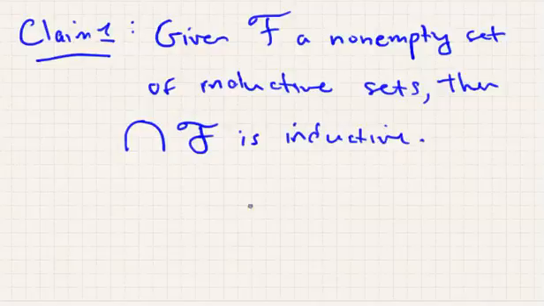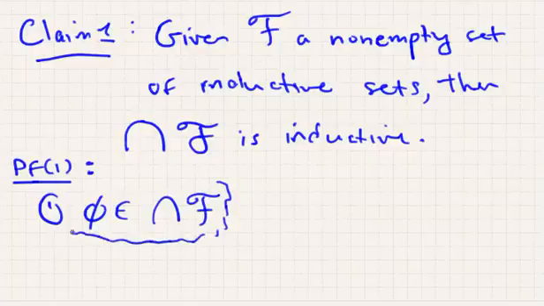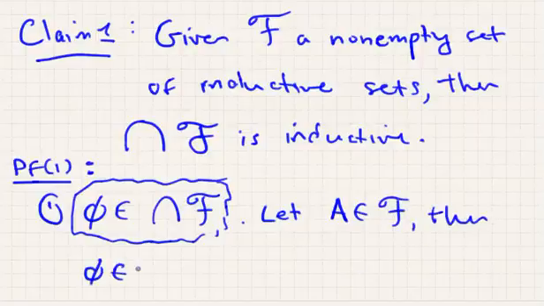Okay, so how do we prove this? The first thing is our goal: that the empty set is in the intersection of F. Well, we'd say something like, let A be an element of F. Then we know this holds because A is inductive.